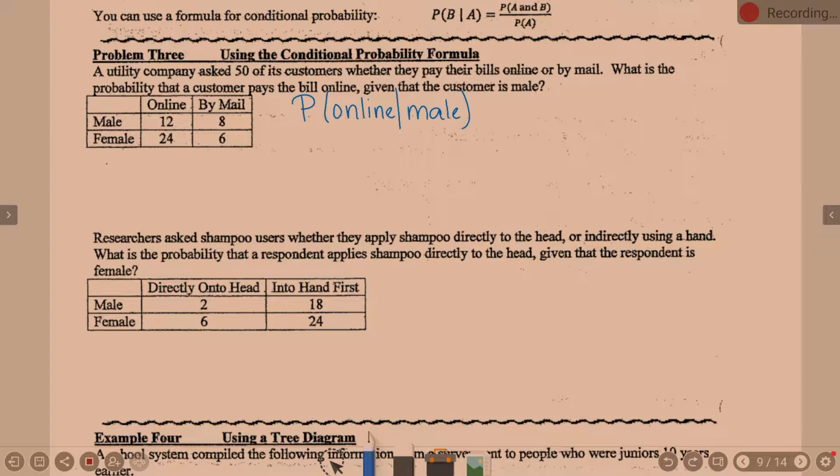Now, if you want to technically look at the idea of a formula here, then that means we're looking at, on top, the probability of A and B. So it's the probability of online and mail, divided by the probability of A, which is just going to be the probability of mail.